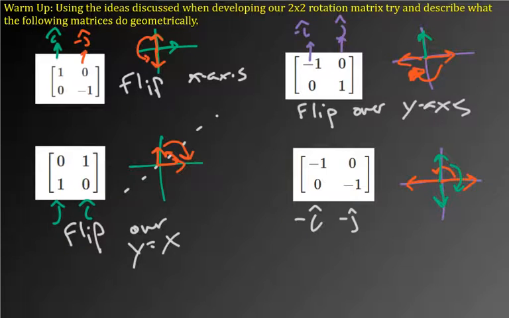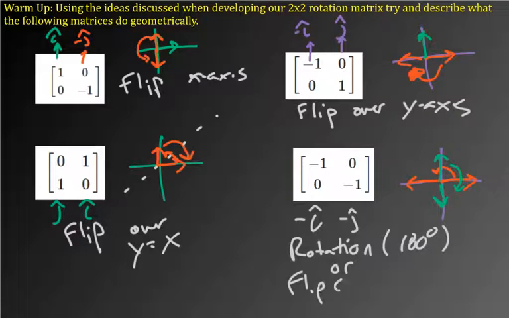That kind of flip can be understood as a rotation, where you could be rotating it 180 degrees, I guess either way, actually. Or you can think of it as a flip over the origin. So both of these are correct, and you can think of that one either way.